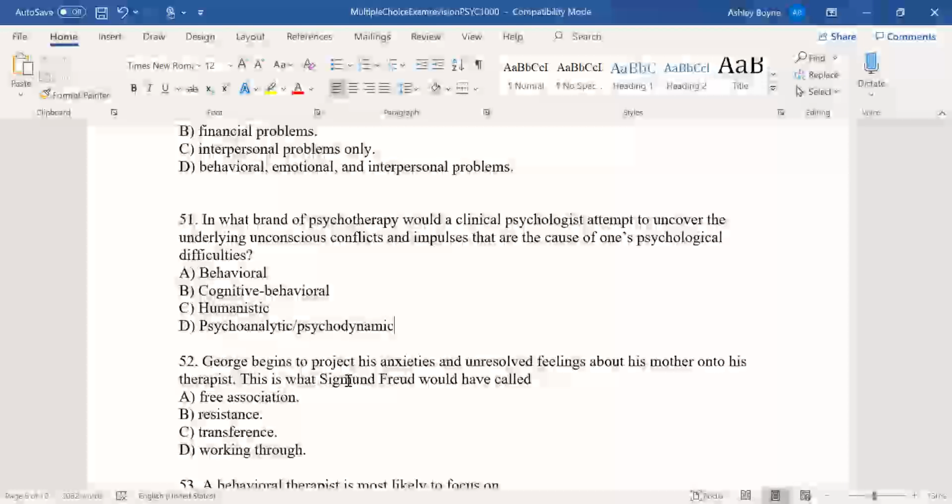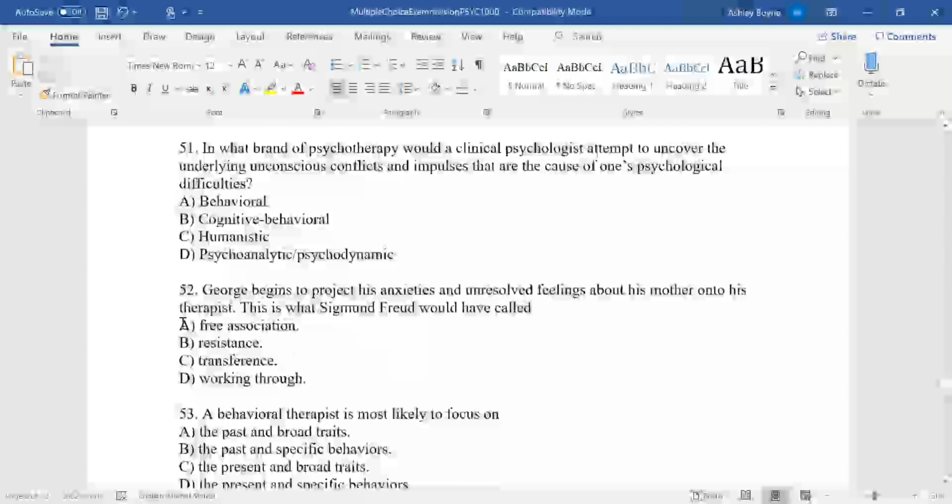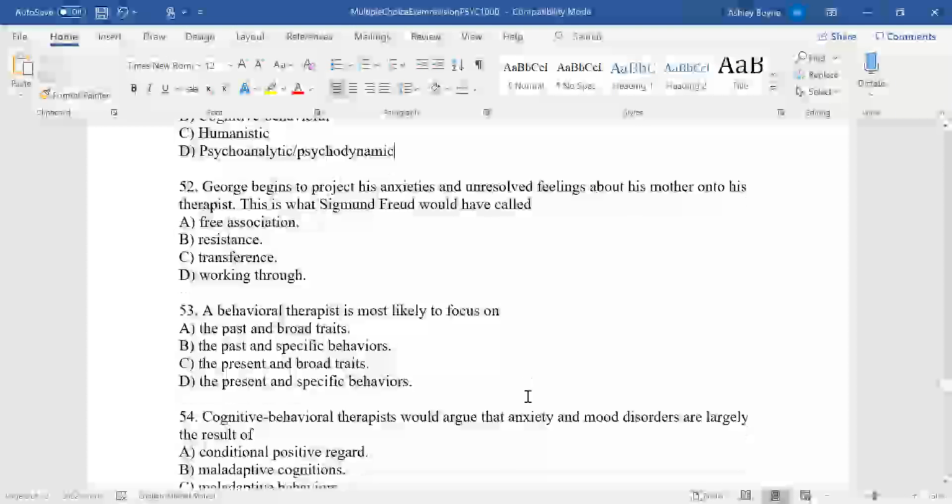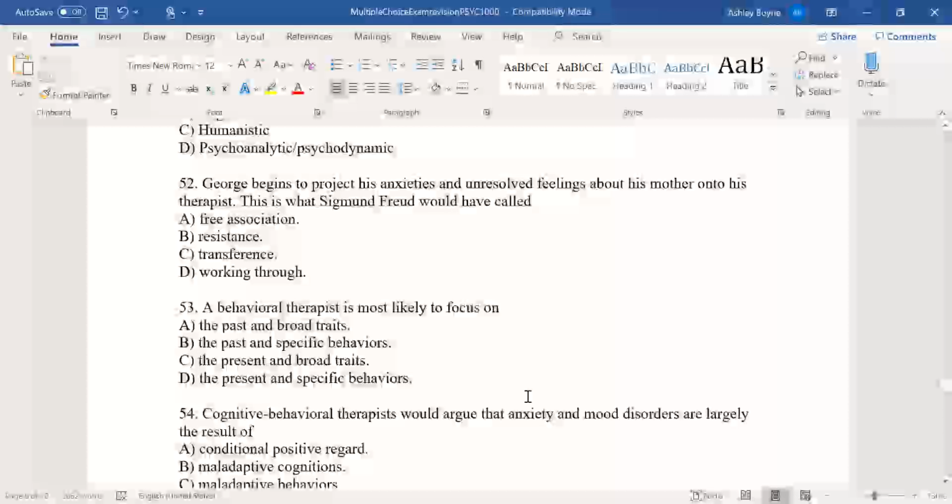With regression, you're returning to a previous stage in your development, and it's usually a stage where you felt very comfortable. So say as a teenager, you're experiencing a lot of stress with life changes and just becoming an adult, and this is so anxiety inducing to you that you go back to a behavior you did in your childhood where everything was safe.